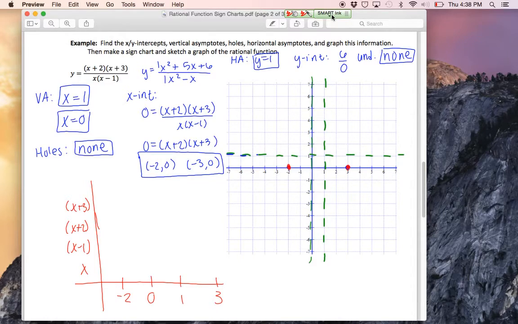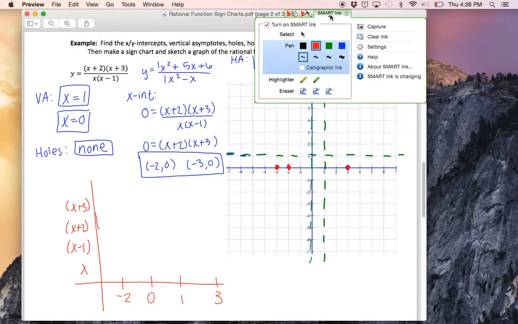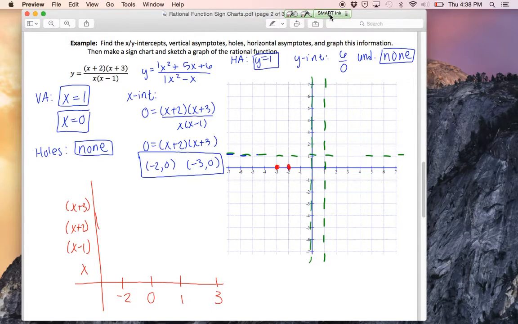So let's think about -3. Well, -3, give me a second here. What happened? Oh, -3 is another x-intercept, that's right. -2 and -3 are x-intercepts. 0, 1, I plotted it in the wrong spot. Okay, I'm going to erase this.